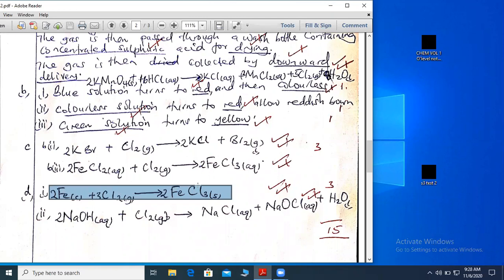Iron 2 chloride is formed when hydrogen chloride is the one that is passed over iron. Chlorine forms iron 3 chloride, then hydrogen chloride forms iron 2 chloride. All those equations, we looked at them. And if they ask you for the observation, the iron grows red hot and it forms black crystals, a black solid. The black solid is iron 3 chloride.